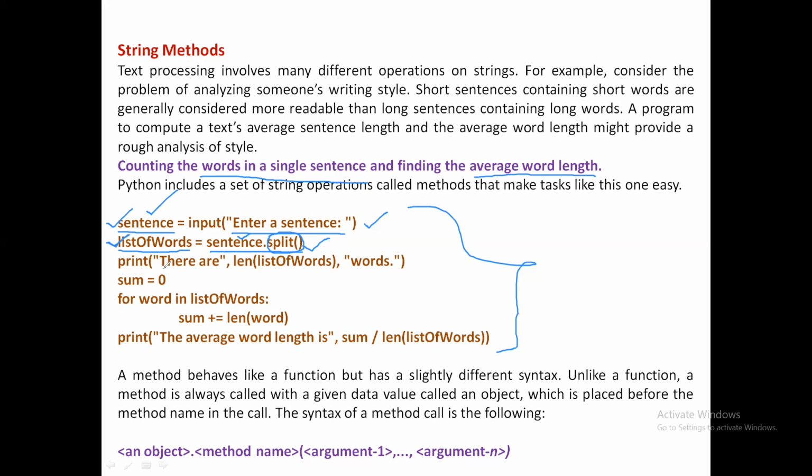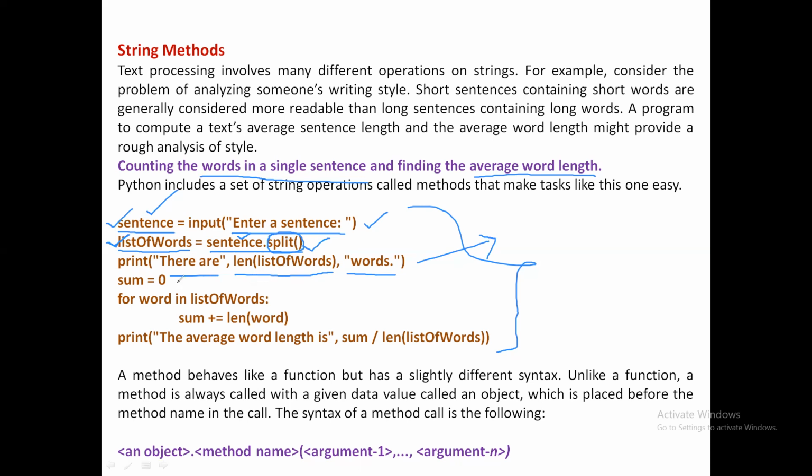And then I'm printing the message. The length of list_of_words will print the number of words, followed by the string "words". Overall, this print statement prints the message: there are n words, assuming that n is the number of words in the corresponding sentence.